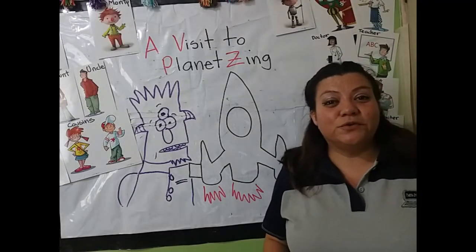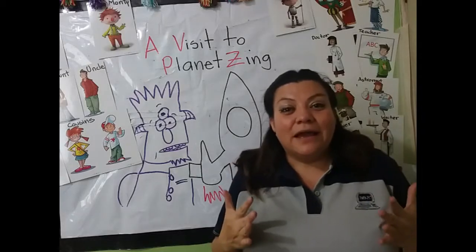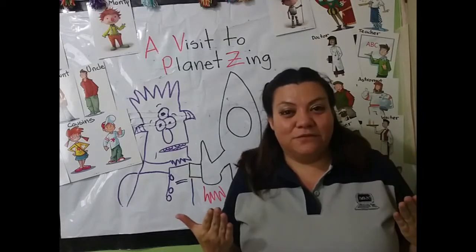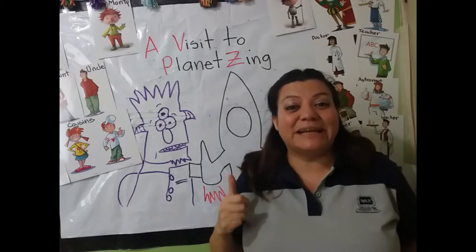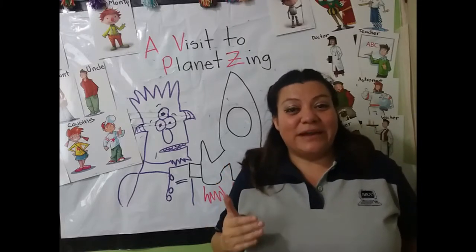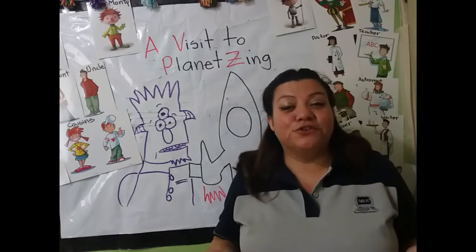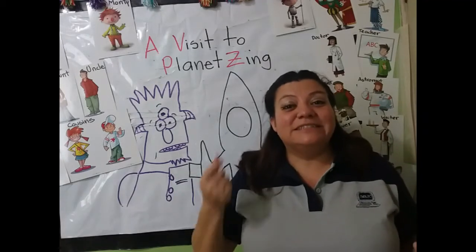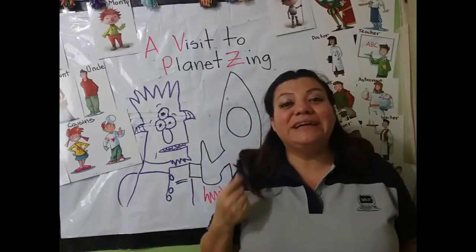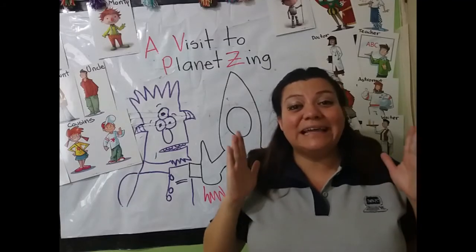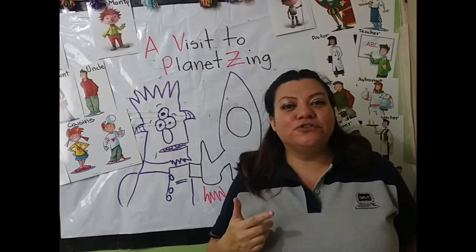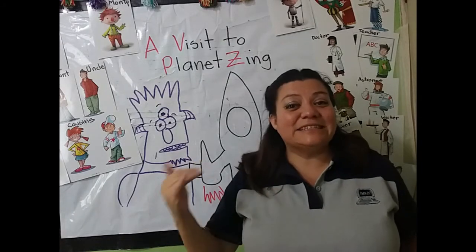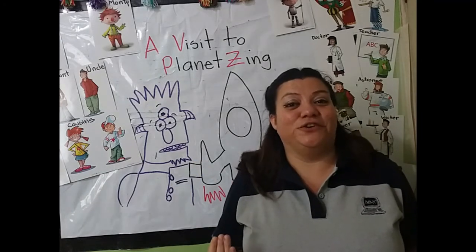So you are wondering, what story am I going to retell? Well, you guessed it, you're going to retell A Visit to Planet Zing. So in the foldable accordion, you're going to write the title, you're going to illustrate a main idea of the story, and then you're going to divide and describe the parts of the story.